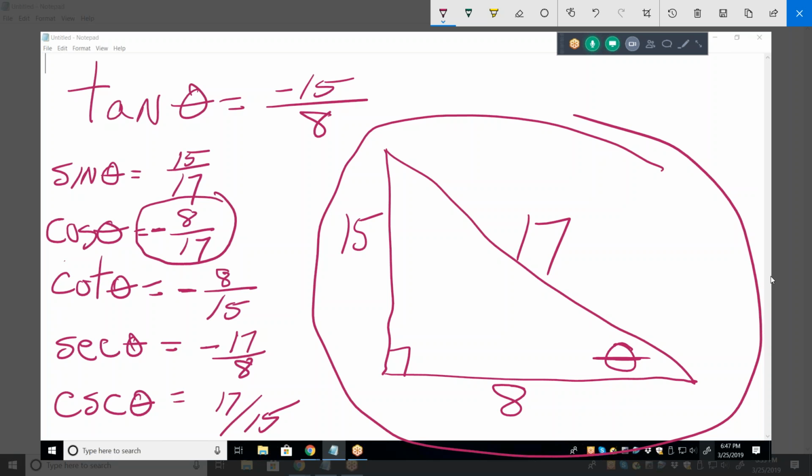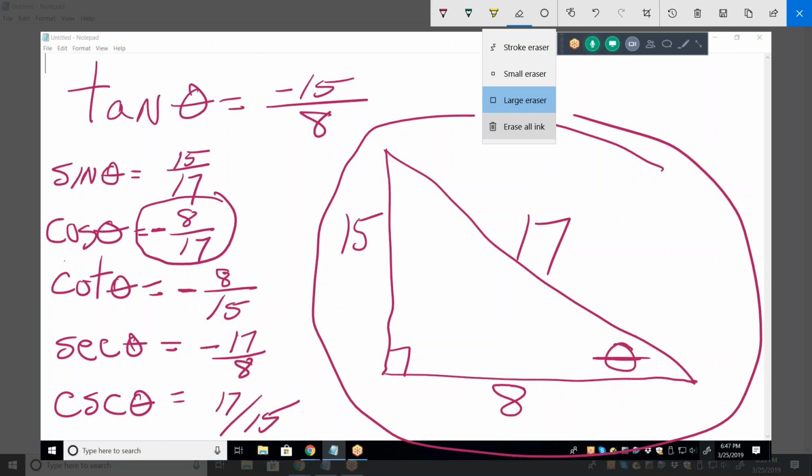In other words, I know it's in the second quadrant, but I don't draw the triangle like that. If you always draw your triangle like this and label theta down on the lower right, it gets systematic and you'll be able to do all of these easy as pie.